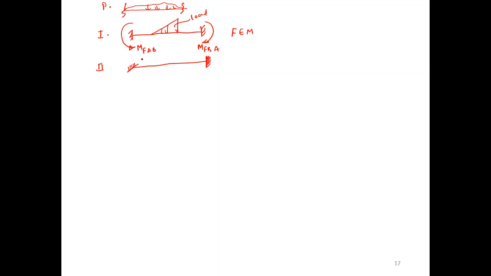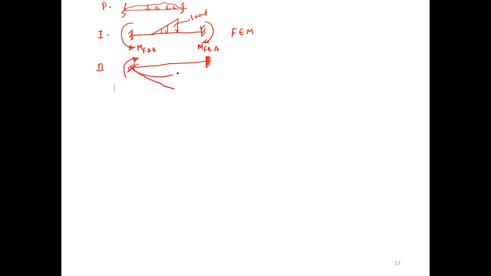That's why I am allowing this particular joint a moment MAB. I am giving this particular support a moment. What happens? It will get deflected. Like this, it will get deflected.